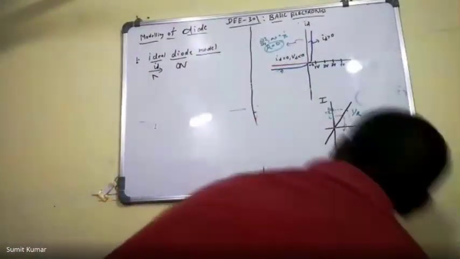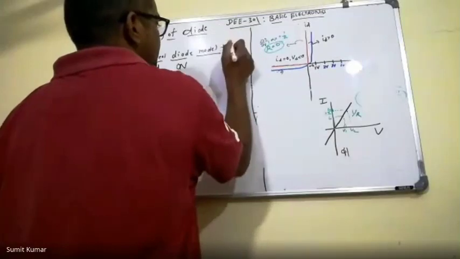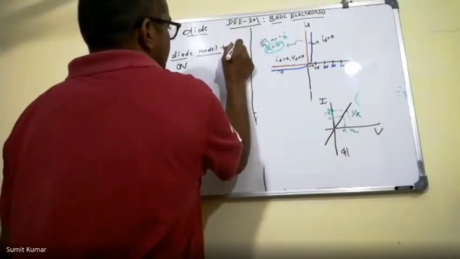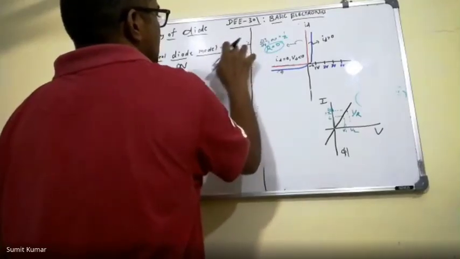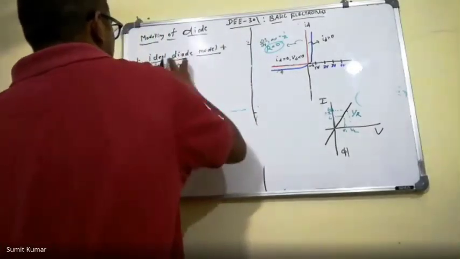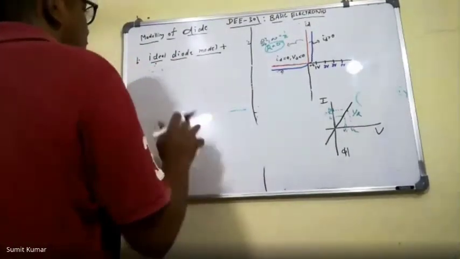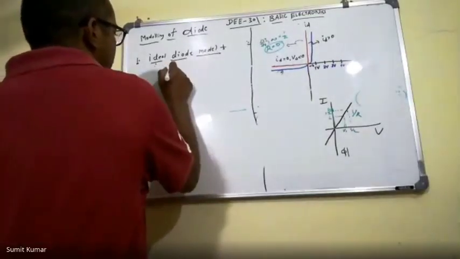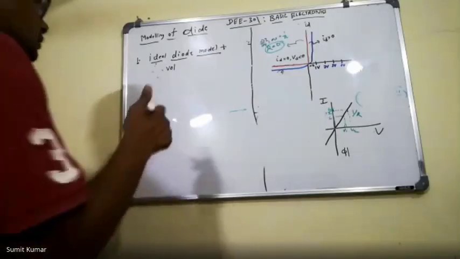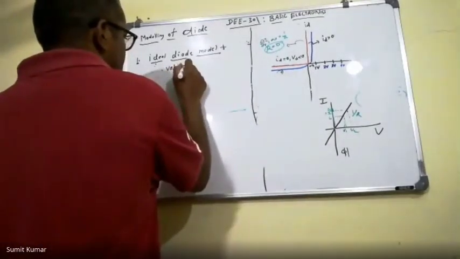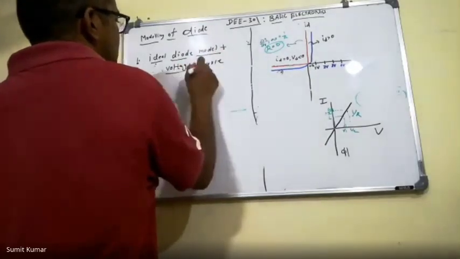The next model is the ideal diode model plus constant voltage. There is a different nomenclature in different books, so you get confused. That is why I will go from the very basics. The first model is the ideal diode model, and the second model is the ideal diode plus voltage source model.